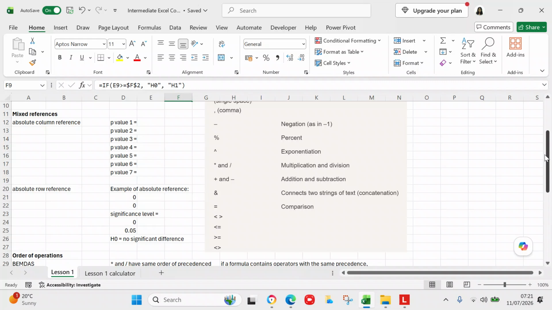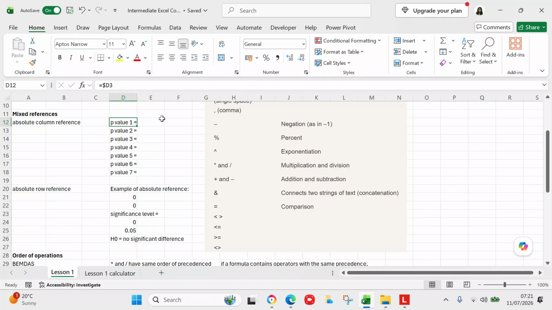Now we're going to talk about mixed references. This is a mixed column reference, so it's an absolute column reference. With an absolute column reference, you want the column to always be a certain column, but it doesn't matter what the row is. So you say $D3 in this instance.